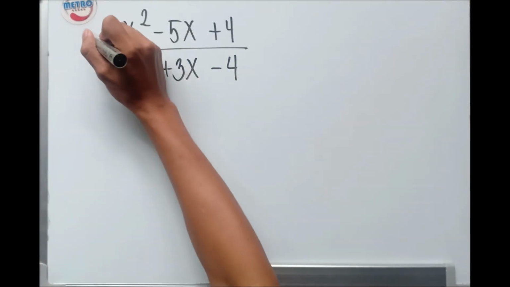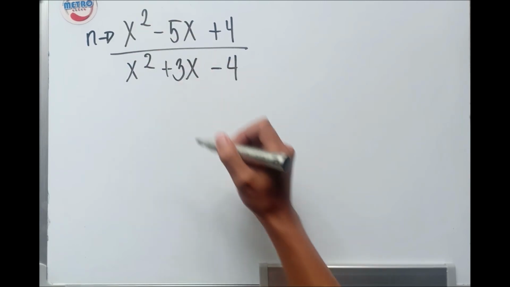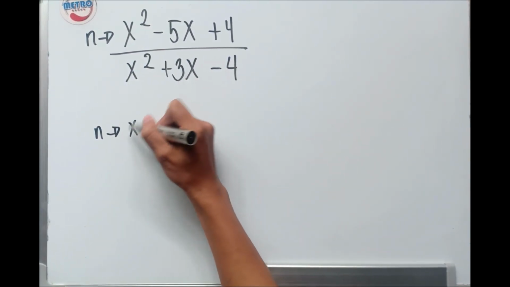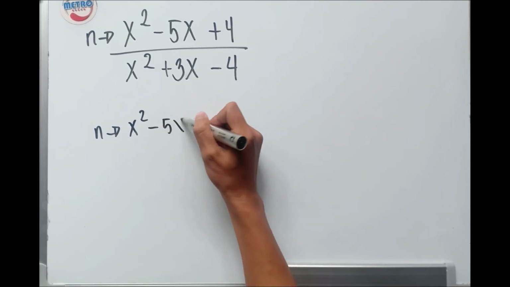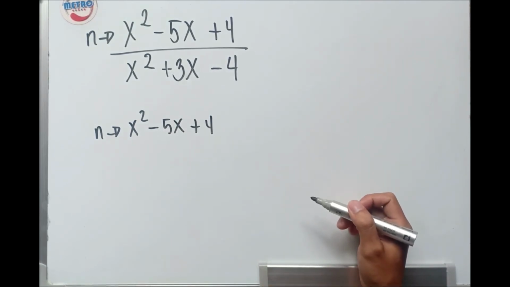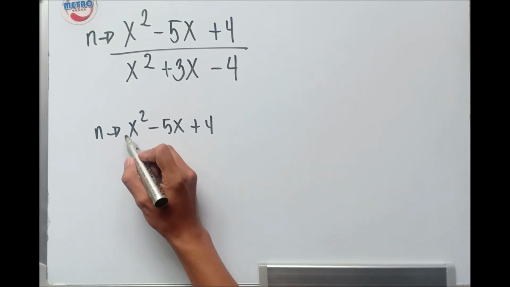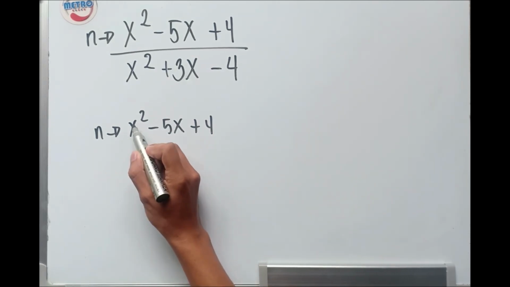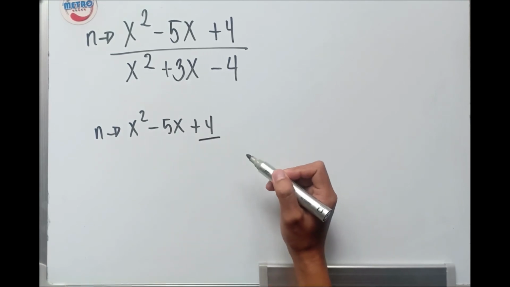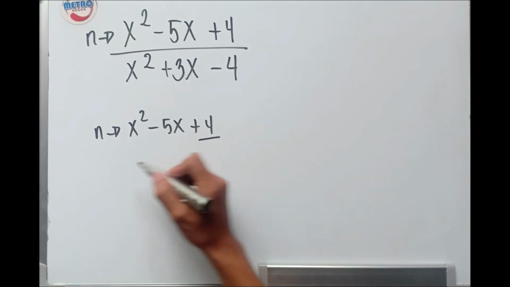Let us factor out first our numerator. For our numerator, we have x squared minus 5x plus 4. Now, if the numerical coefficient of x squared is 1, then just focus on the value of c.